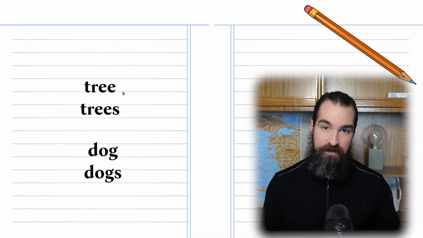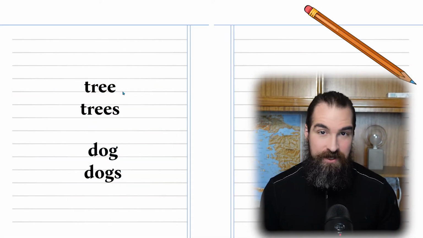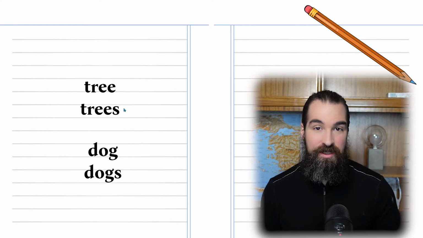When you look at a word in English and in Greek, or when you hear a word, you can tell certain things about it by how it's written and by how it sounds. Take a look at these words. We have here the word tree, and then we have the word trees. Those are referring to the same thing, to the same noun, a tree, right?